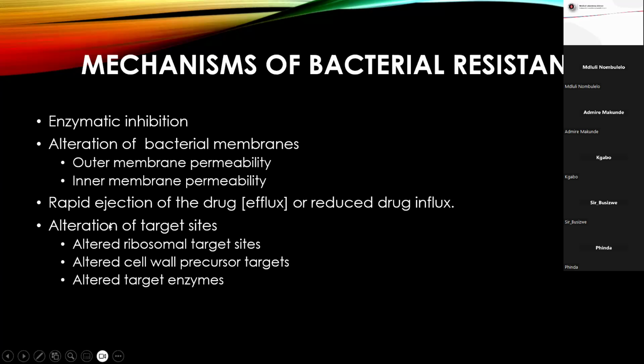The other mechanism by which bacteria can evolve or alter the effectiveness of antibiotics is by altering the target sites. It can be ribosomal targets. It can be enzymes which are involved in metabolism.